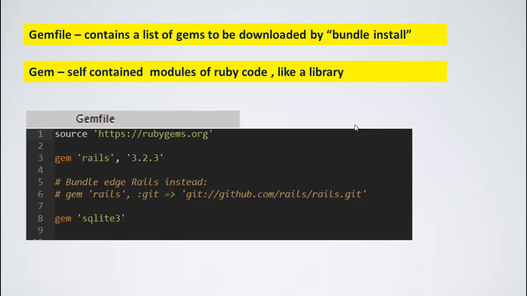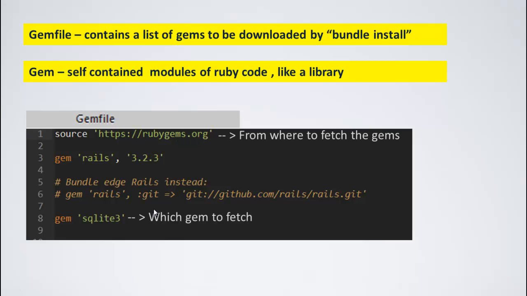Let's understand a little bit more. This is a partial snapshot of the Gemfile. The first line says source https://rubygems.org. So this line says that bundle install has to fetch the gems from this location, that is rubygems.org.